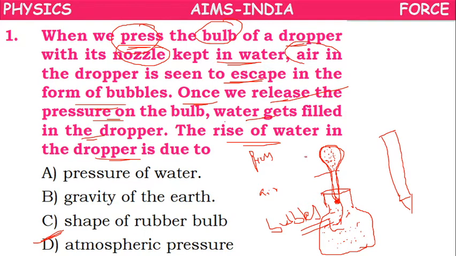Here pressure will be less, here pressure will be more. Pressure will move from the high pressure area to the low pressure area. With that atmospheric pressure, it tries to push the water up, push the ink up. The rise of water in the ink filler is due to atmospheric pressure.